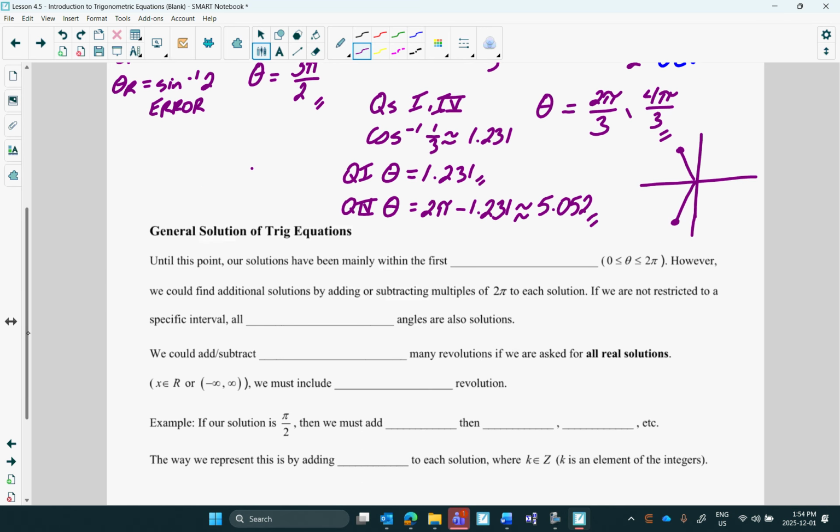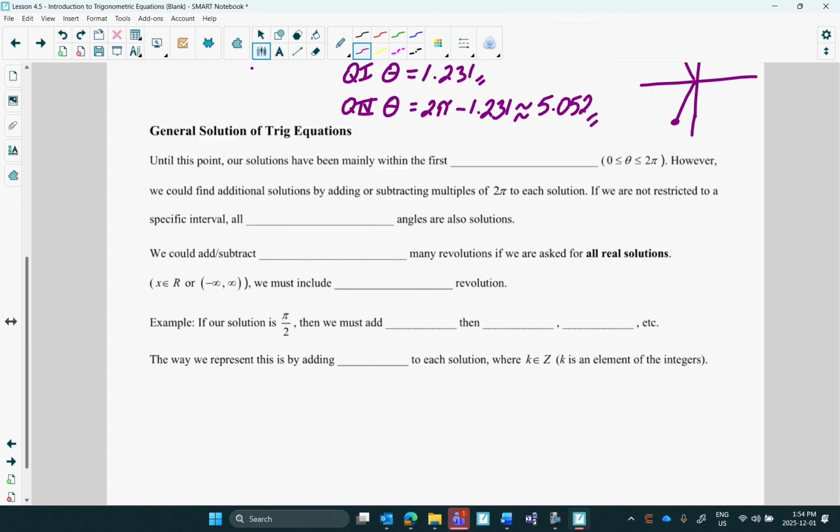All of those trig equations we did, all your answers were between 0 and 360 degrees or 0 and 2π. You may be asked to give the general solution. The general solution is, what are all the angles that fit the equation?